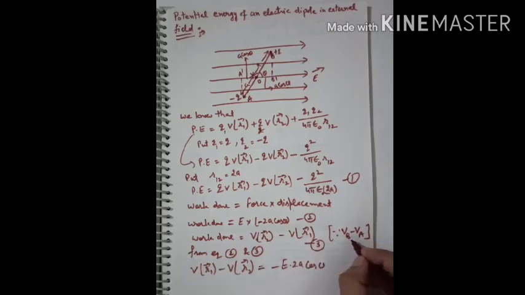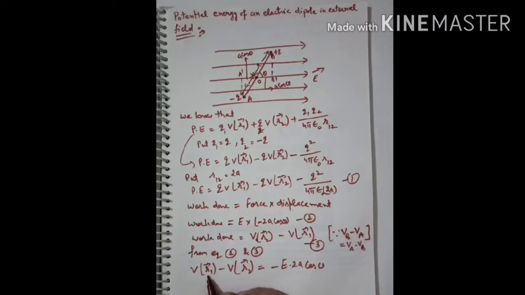We can also write this as VA minus VB. So that's why here it is V R1 minus V R2, because the negative sign means potential decreases in the direction of E. That's why here is the negative sign.